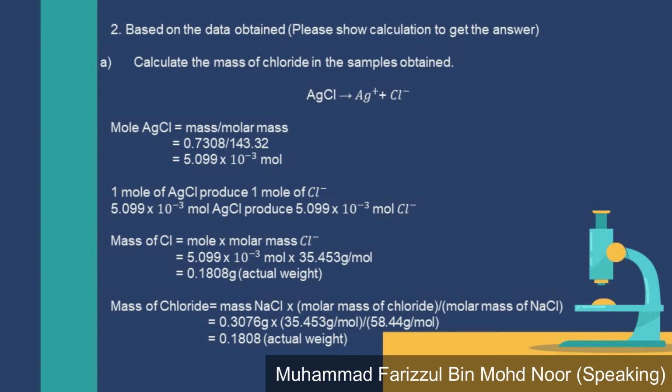We can also calculate the actual weight of the chloride as the mass of NaCl multiplied by the molar mass of chloride divided by the molar mass of NaCl. 0.3076 gram multiplied by 35.453 gram per mole divided by 58.44 gram per mole equals 0.1808 gram, the actual weight.